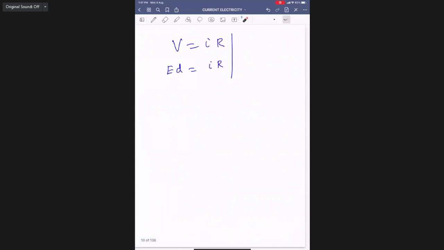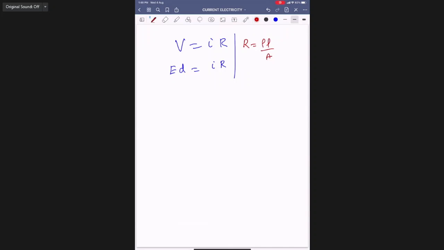Done. Now come across this one. You learned what is R: R equals rho L by A. Then E into L is equal to V, and I into R is rho L by A. Yes? L will cancel. E equals I by A into rho.